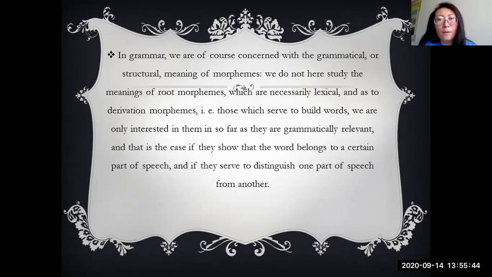In grammar, we are of course concerned with the grammatical or structural meaning of morphemes.